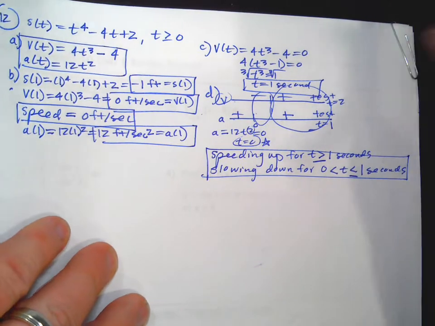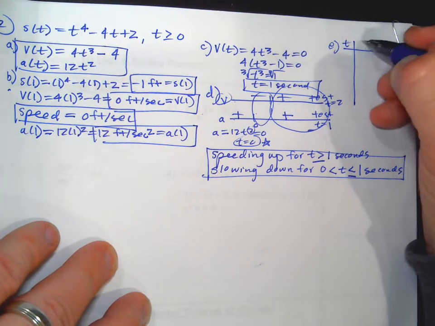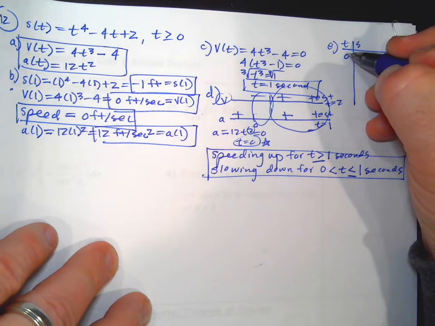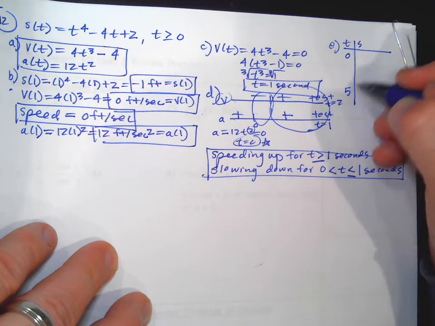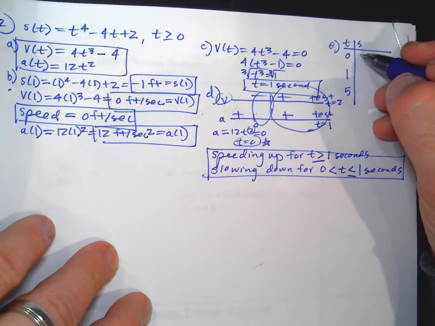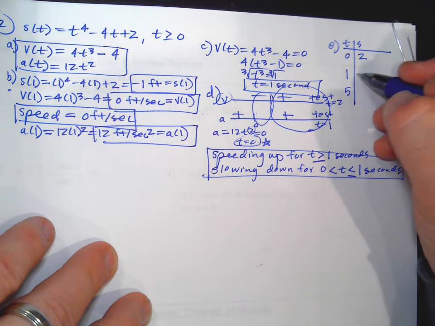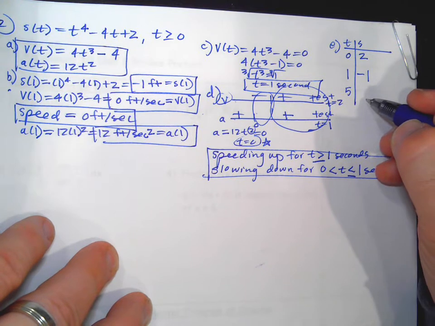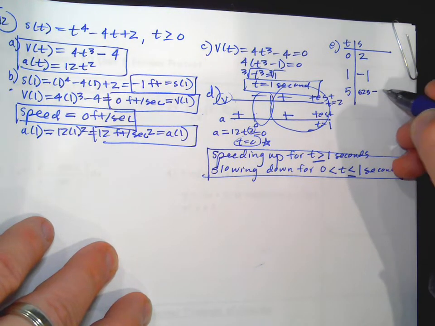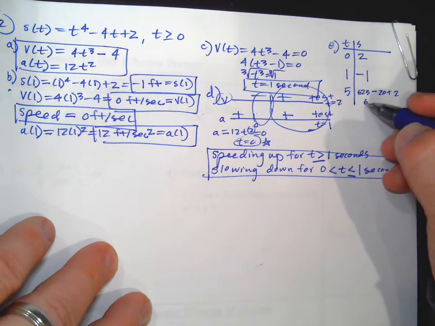And then total distance, I just showed you guys the trick. We'll explain it more in detail later. You can put your endpoints on here, 0 to 5, and any critical points, turning points there. Plug 0 in, you get 2. Plug 1 in, you get negative 1. Plug 5 in, you get 625 minus 20 plus 2, so it's 607.